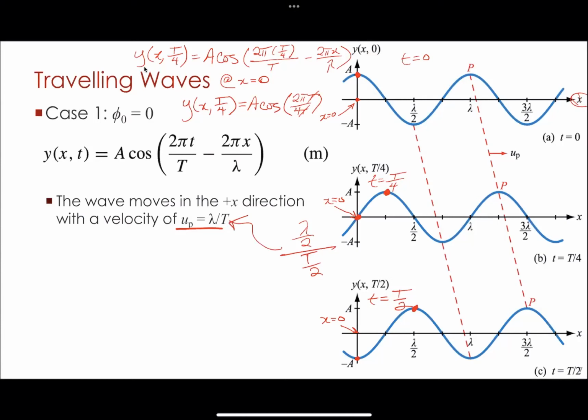U P, we are going to use that for the next 2 months. We are going to use that for the velocity of propagation, also called the phase velocity. You might say, why would we use U for speed, for velocity? Why don't we use V for velocity? That would make sense.